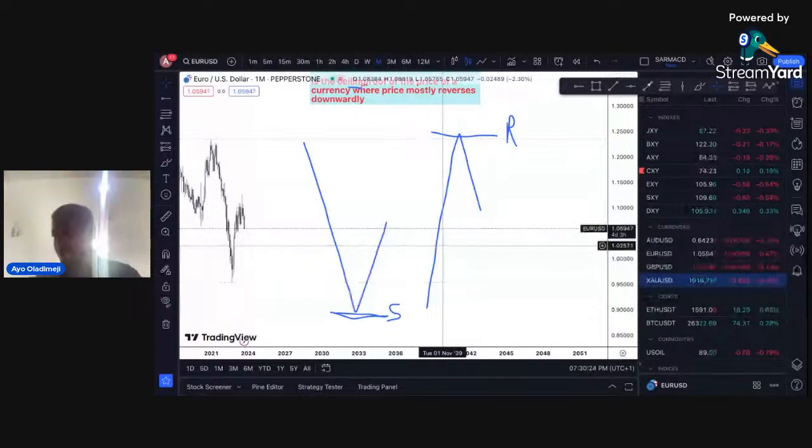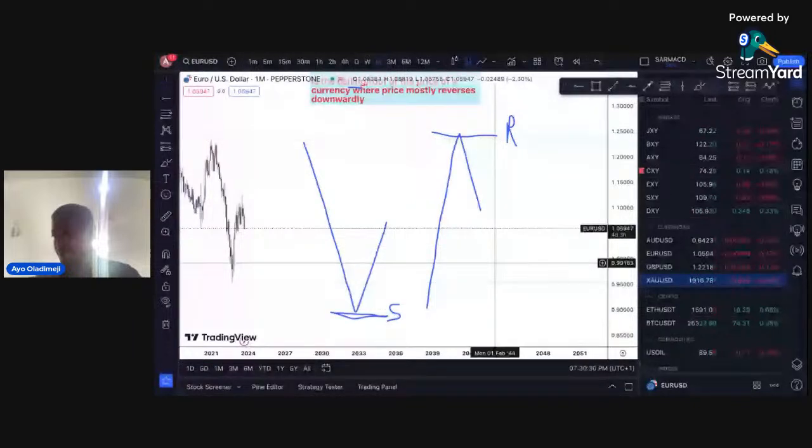Okay, good. Now, what trading decision do we make at this structural level of the market? Write this one down. When price gets to a support, you buy.